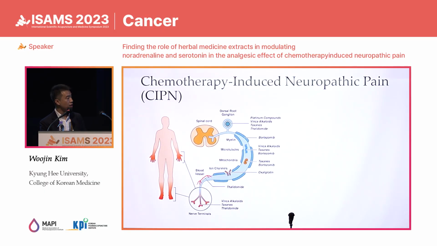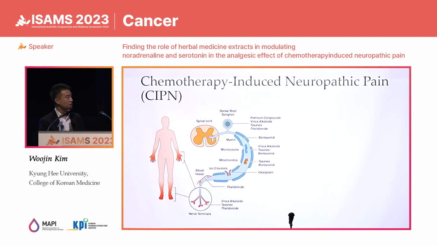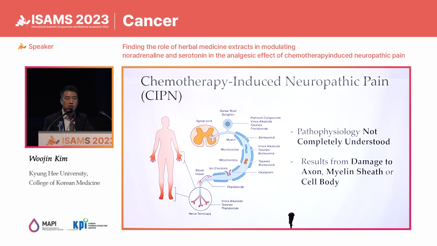You can see in the figures that oxaliplatin targets the ion channels, and the other drugs target mitochondria and microtubules. But until today, the pathophysiology is not completely understood, though we think there may be functional problems in the axon, meninges and cell body.